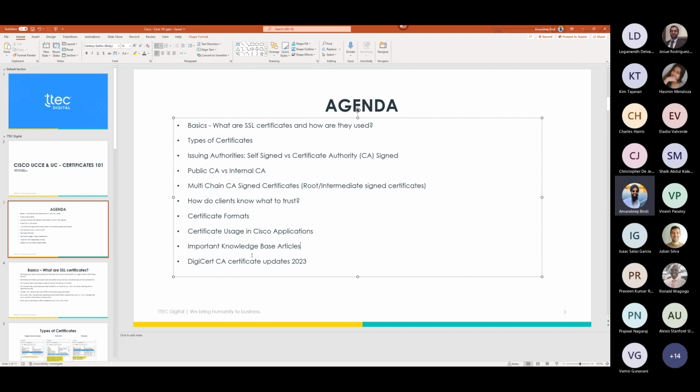And then lastly, the reason we're having this call is because there's been a lot of questions about the recent DigiCert change, right? With regards to them changing the root and intermediate certs that they're using to sign our certificates. So I'm going to cover what that means for us, right? I'm hopefully going to cover a lot of it in the slides before that, but I'll go over the actual link from DigiCert.